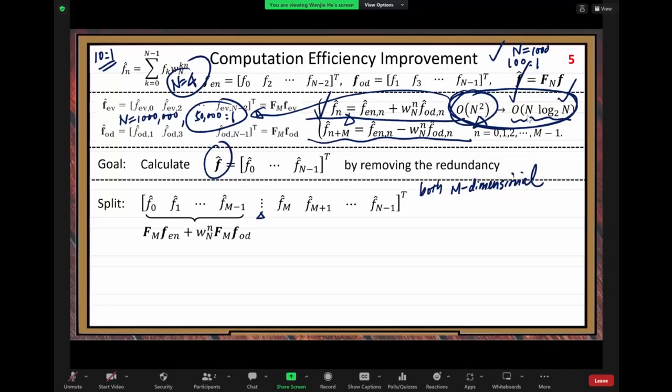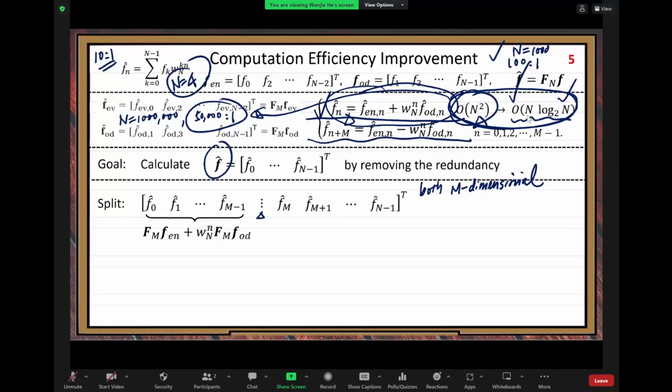Then the expression of the first half vector, if you look at this formula, is the representation for an individual component, just one component in the vector. But let's put all those components together.